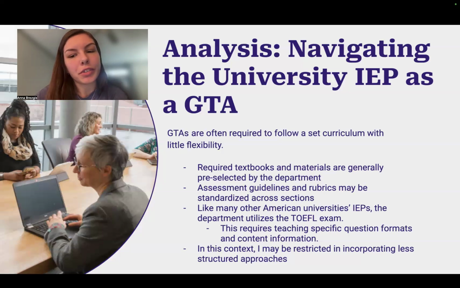Like many other university IEPs, this department utilizes the TOEFL exam as kind of the endpoint. And this requires teaching specific question formats and content information so that students may be successful in this exam. So in this context, I may be restricted in incorporating less structured approaches. I may have some sort of obligation to teach to the test.